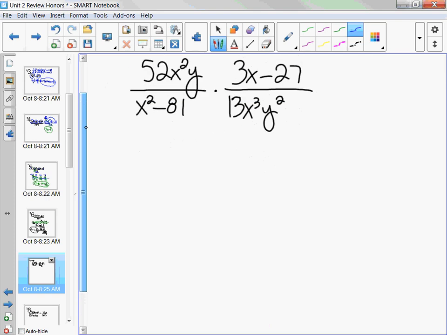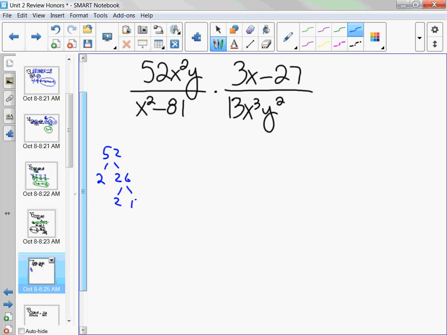I'm going to change 52. 52 will break down into 2 times 26, and 26 will break down into 2 times 13. So I'm going to change 52 to 2 times 2 times 13. The x squared as x times x, and the y as y.